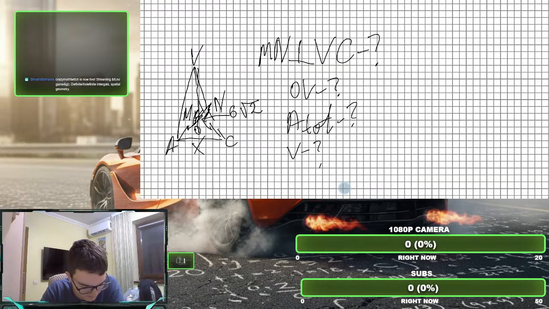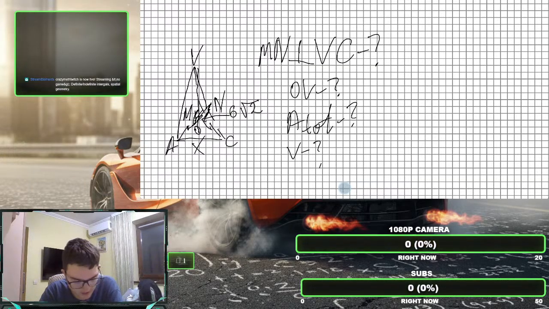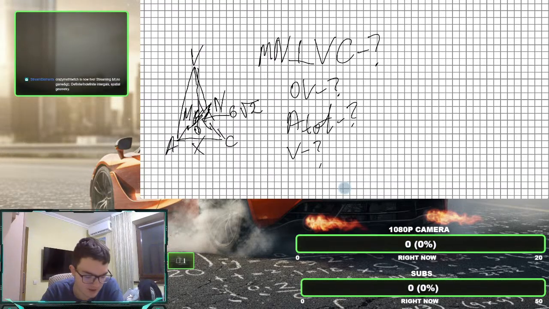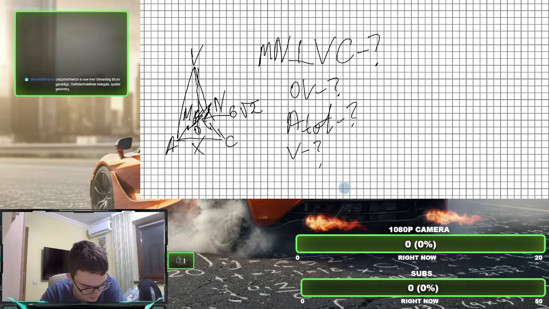Now firstly, how to demonstrate that MN is perpendicular to VC. Just some vectors. Like, I don't know what these vectors are. I'm not advanced mathematics.